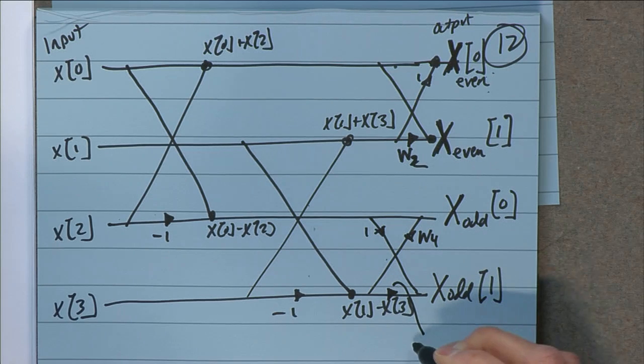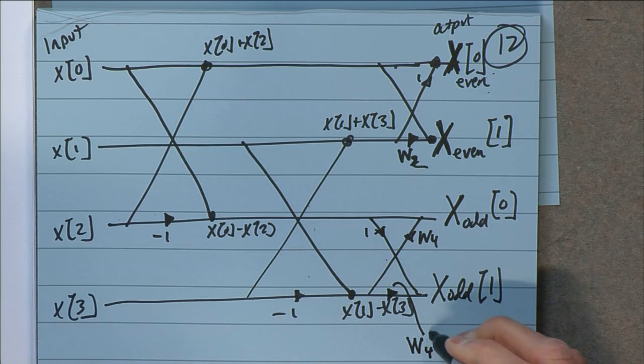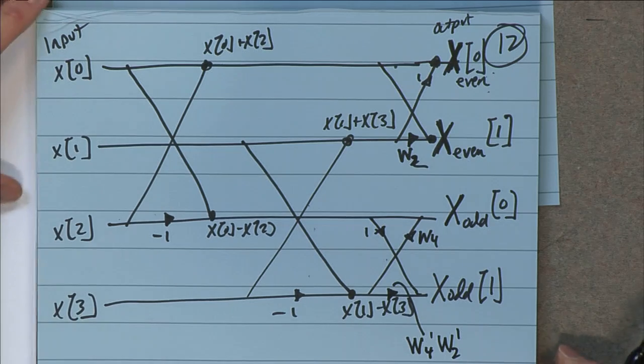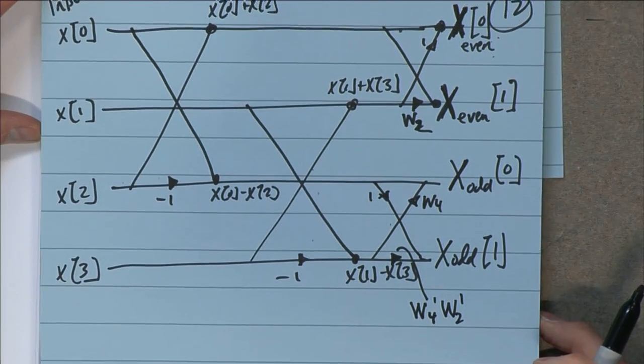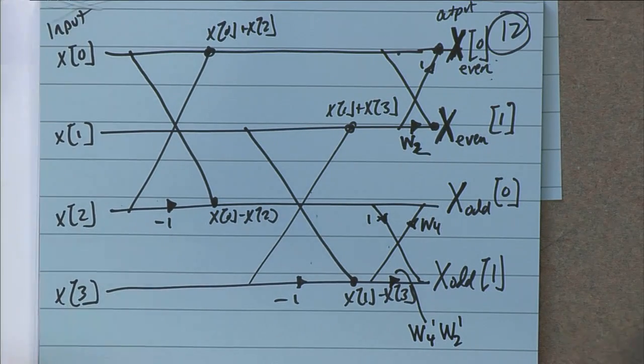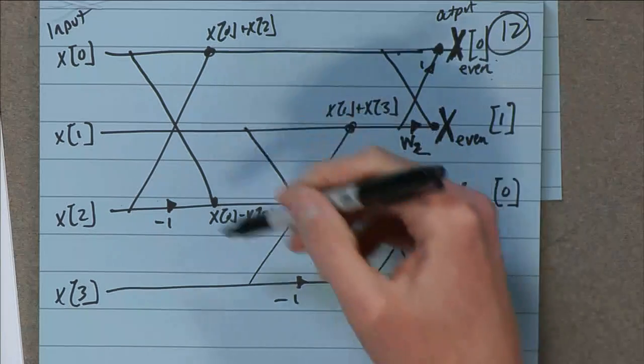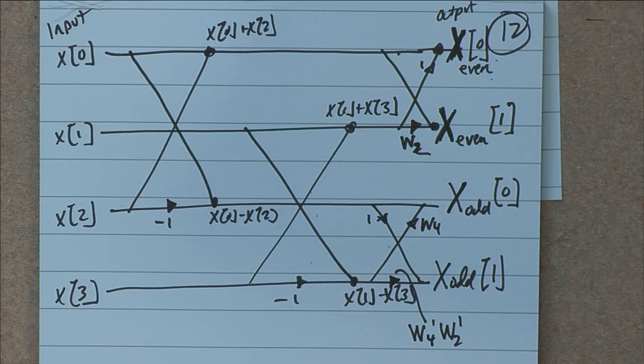And this weight here is W41, W21. Wow, that's not as pretty as I wanted it to be. But the key point is that you can take those formulas that are algebraic and just kind of like the decimation in time 4-point value and create a butterfly diagram just like this where you have in-place computations.